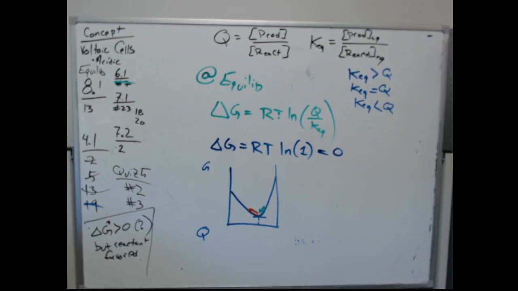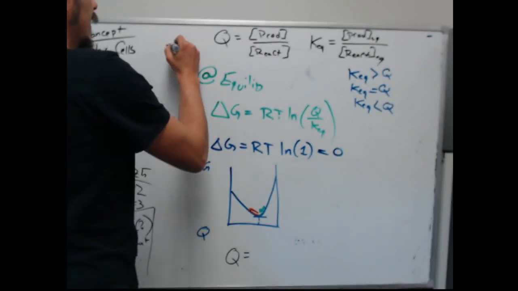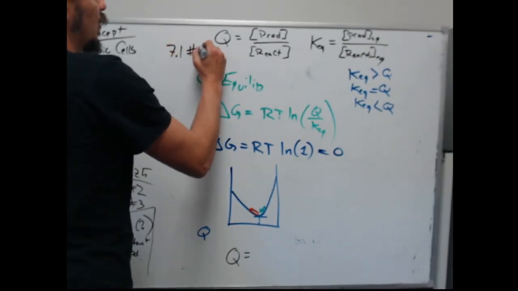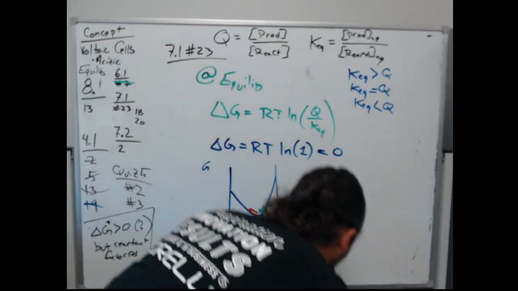Add water to the reaction mixture, raise the temperature. If we add water, adding water is actually probably the most interesting of these. So if we add water, we're going to be changing the concentration of the products and the reactants evenly, but they don't evenly affect Q, right? If I'm looking at my balanced chemical reaction, I'm going to do products over reactants. Sorry, I should have written this down. This is 7.1, number 23, if you want to look along.